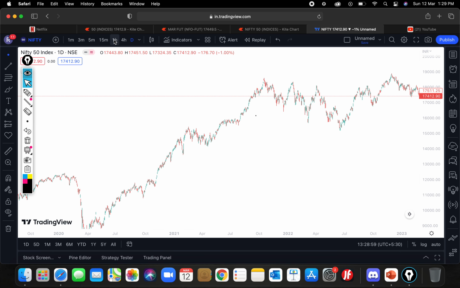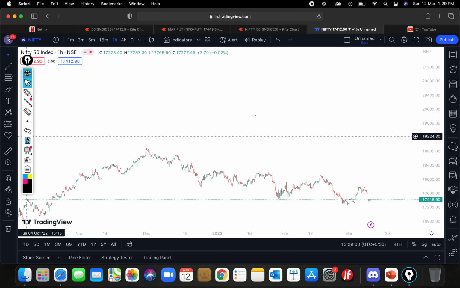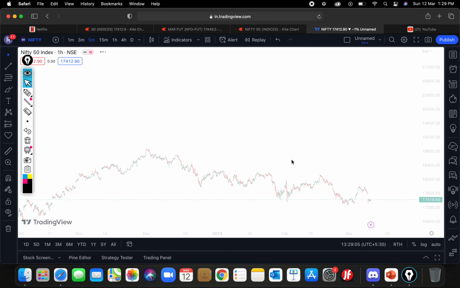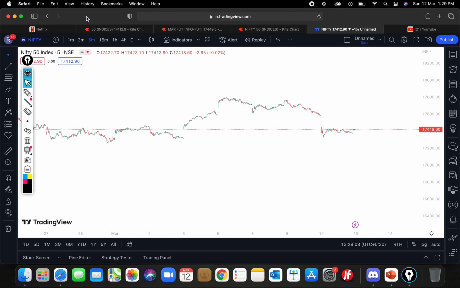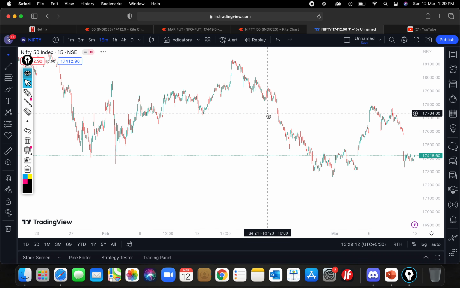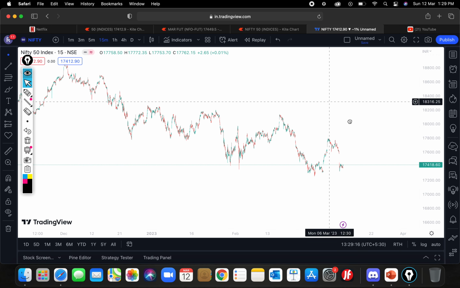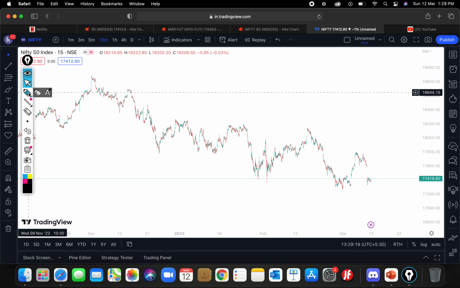So let's look at some other example in a smaller time frame. Let's look at 15 minutes first, then we'll look at 5 minute. Here we could see that the market is on a bearish order flow.